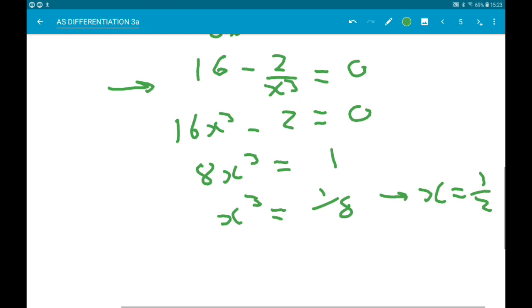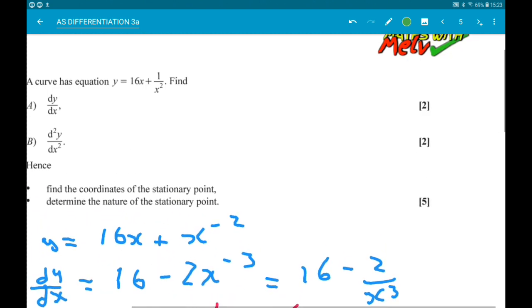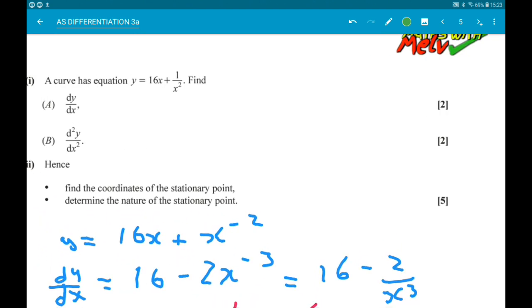So when x is 1/2, y is 16 times a half, add 1/2 squared.